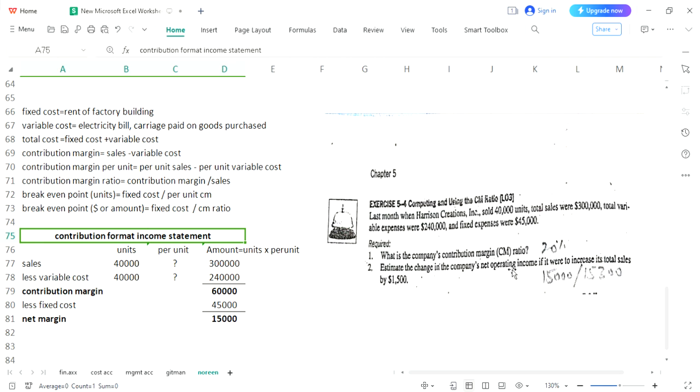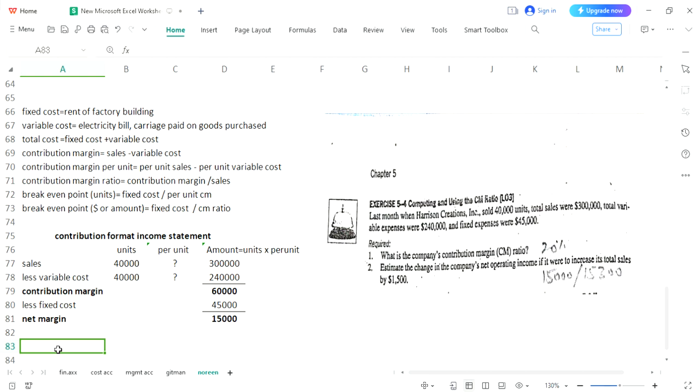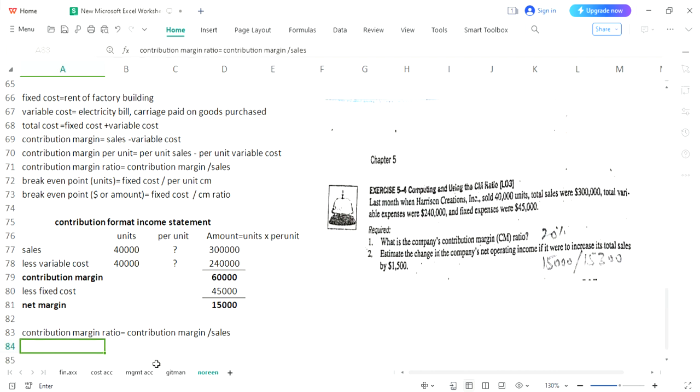What is the contribution margin ratio? Since we have already written the formula, the contribution margin ratio will be calculated by dividing your contribution margin by sales. This was your formula. By dividing contribution margin by sales, you will get your contribution margin ratio.